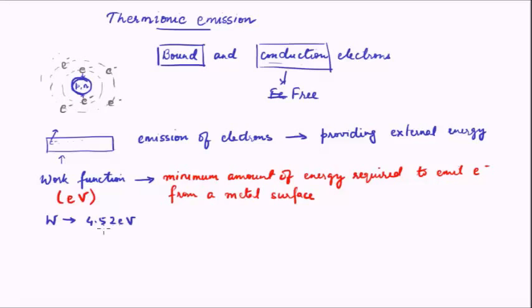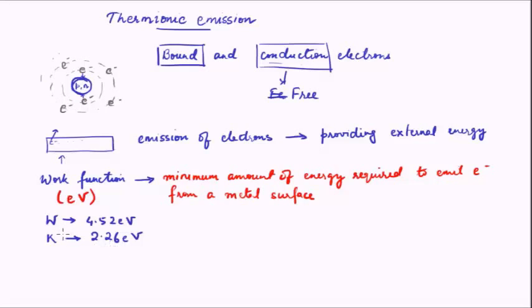This is quite a high work function. On the other end, potassium, for example, has a work function around 2.26 electron volts. So potassium requires almost half the amount of energy to emit one electron compared to tungsten.